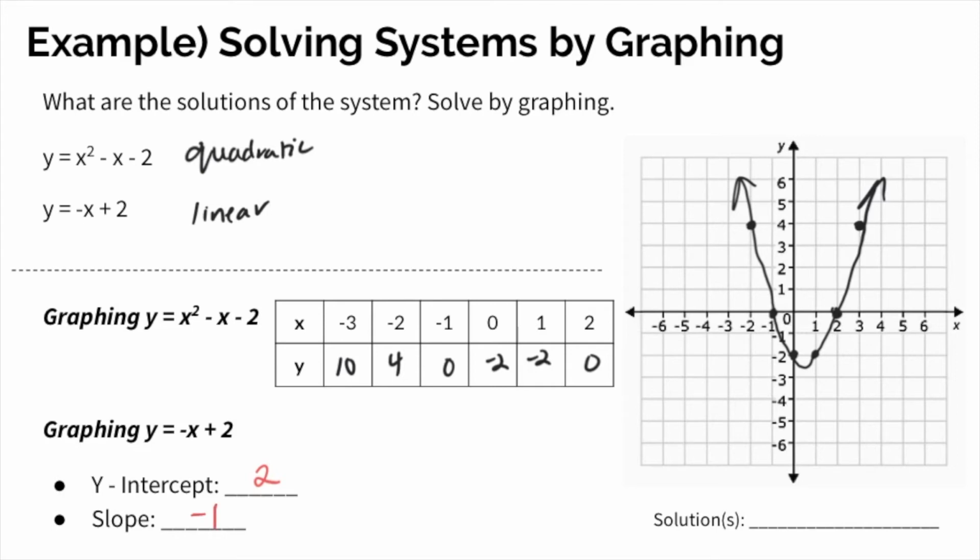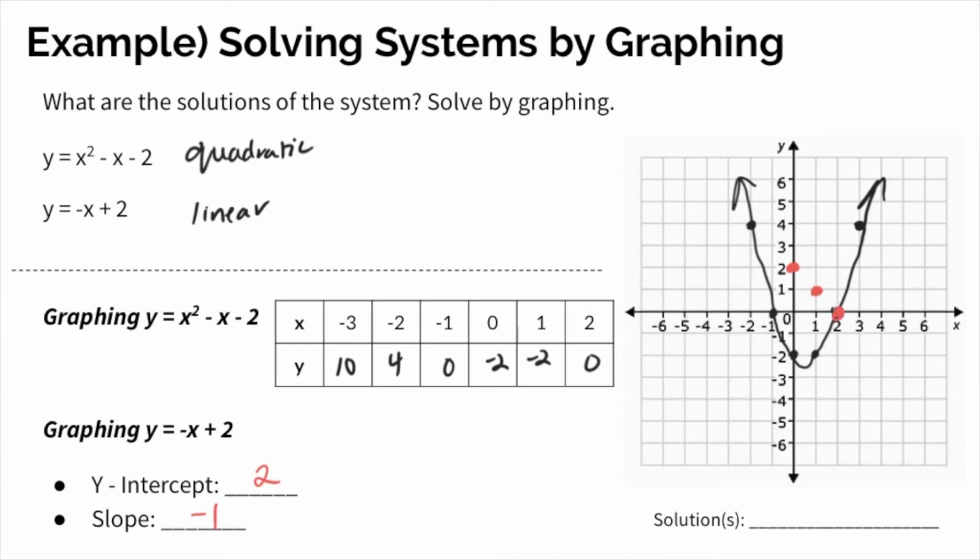So when I graph this, I'm going to start at +2, and I'm going to go down 1, to the right 1, based on what my slope tells me. Same kind of thing if I wanted to draw my next point. From this point that I just drew, I would go down 1, to the right 1.